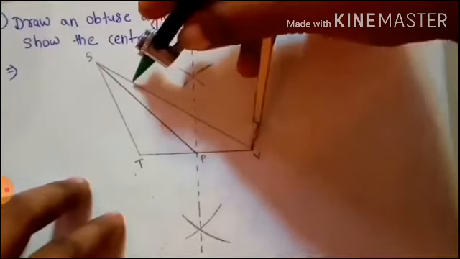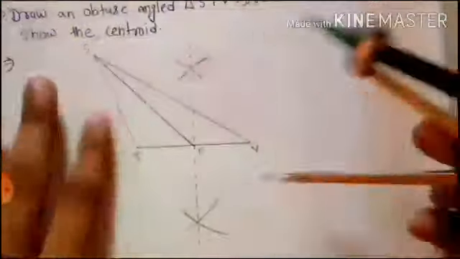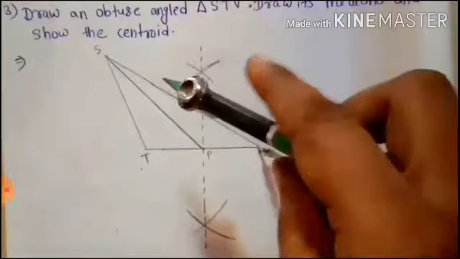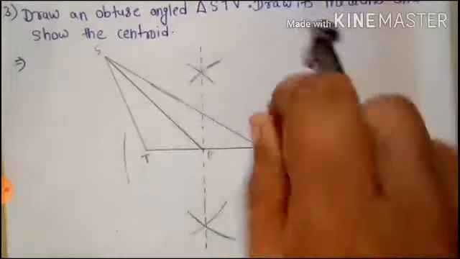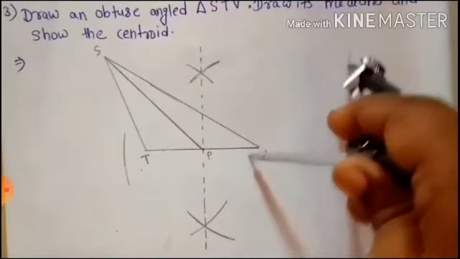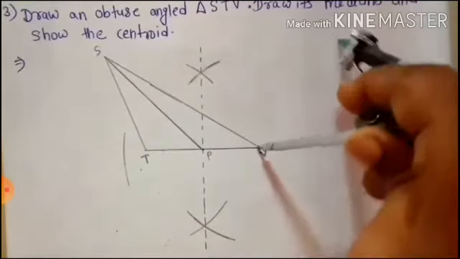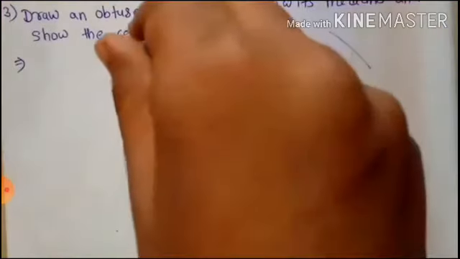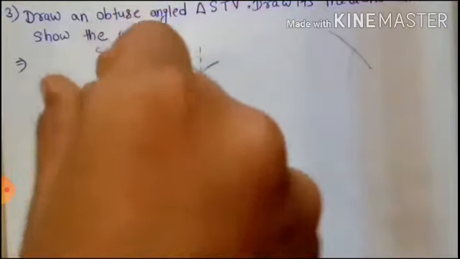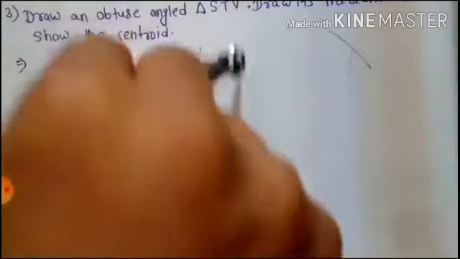Now put on S, same, and cut these two arcs, upper side and lower side. Again you will get two points, the upper and lower arc points. Now here you can extend the arc also.